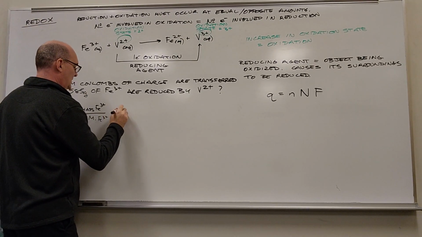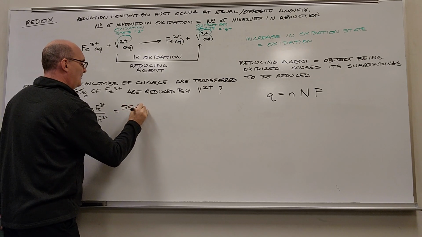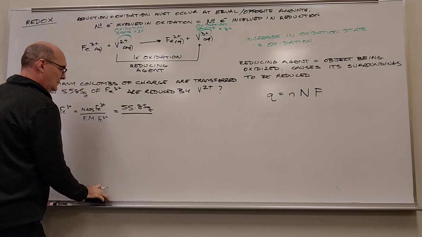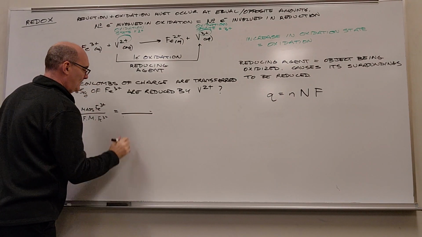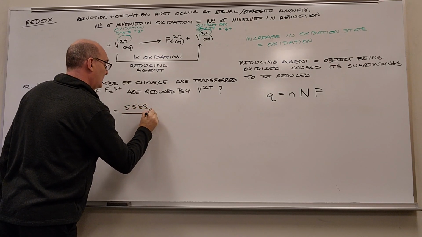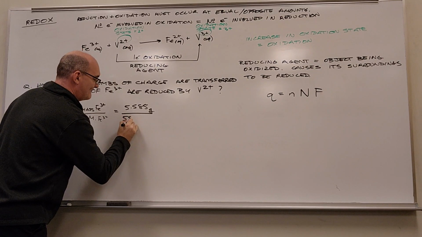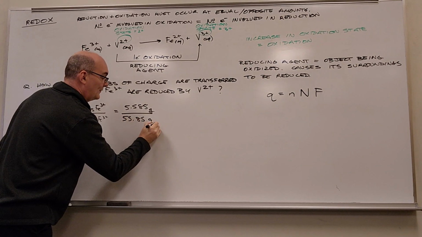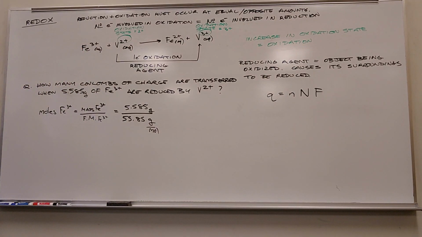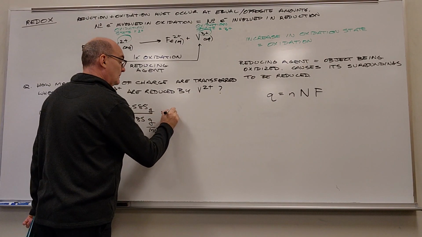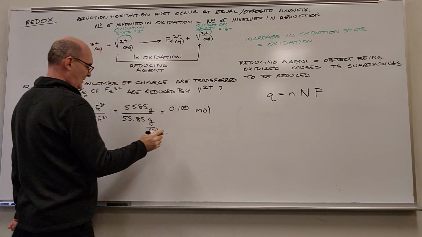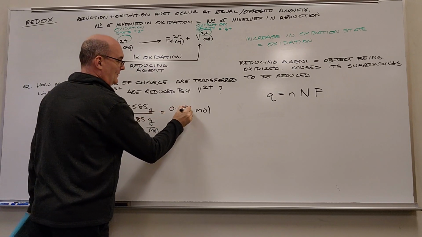So this is 5.585 grams divided by 55.85 grams per mole. And the grams cancel, moles rise to the top. I'm allowed 4 significant figures.